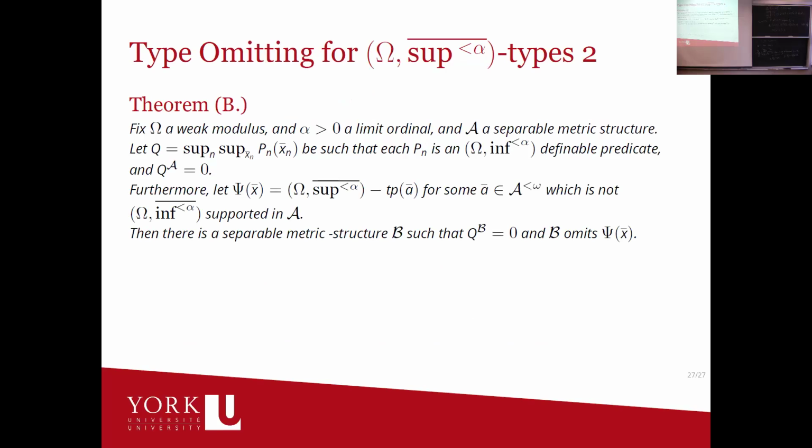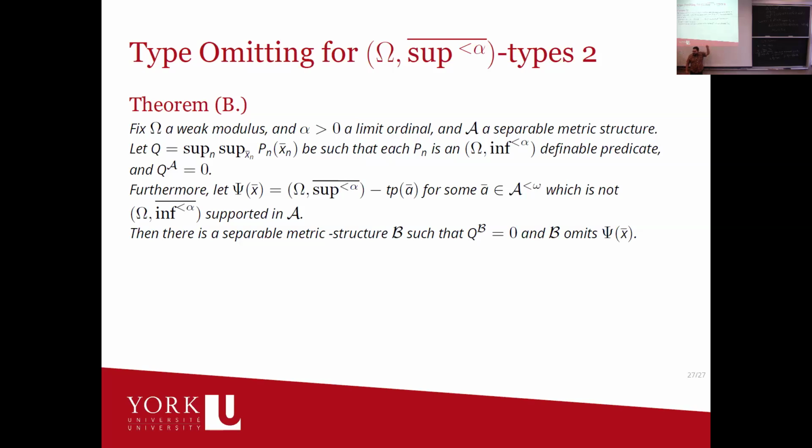What does this type omitting theorem say? I don't have time to give you everything, but essentially, if you have a sub-alpha formula for some limit ordinal alpha, and a sub less than alpha type, so this type has formulas sub beta for beta less than alpha, then you can build a separable structure that realizes the formula and omits the type.